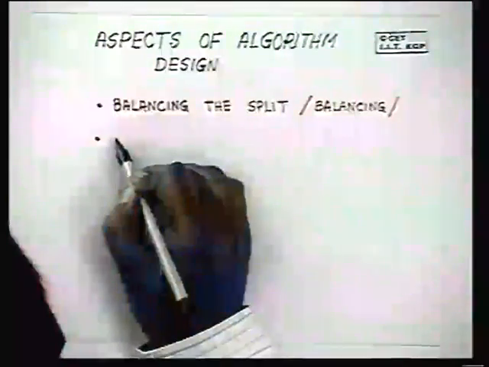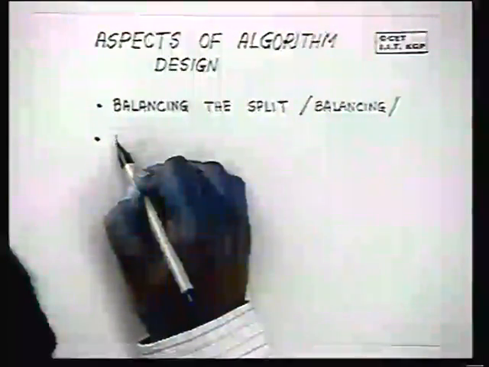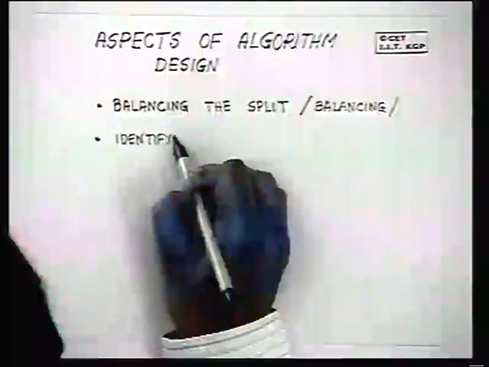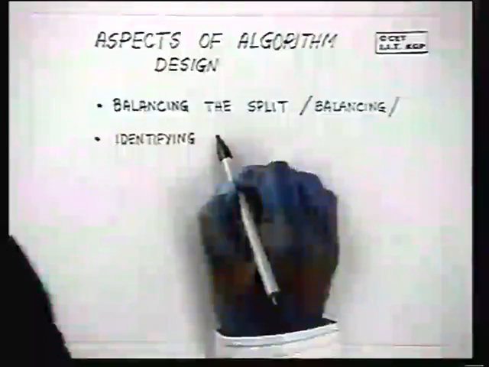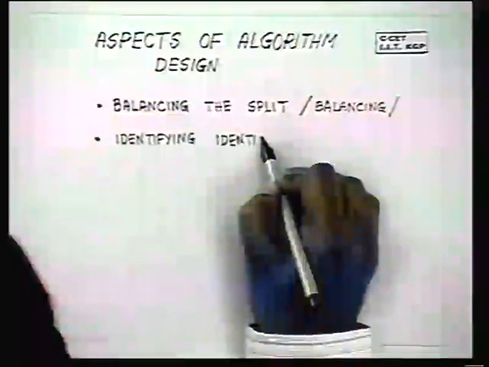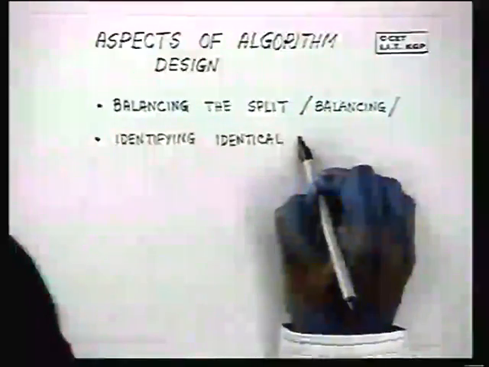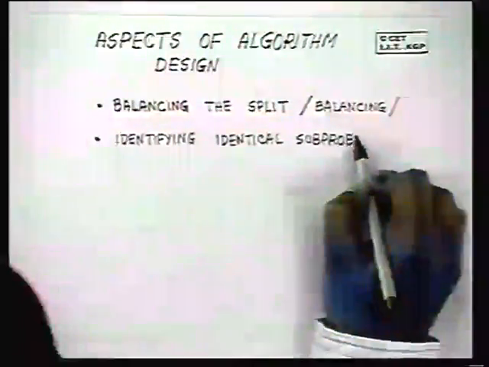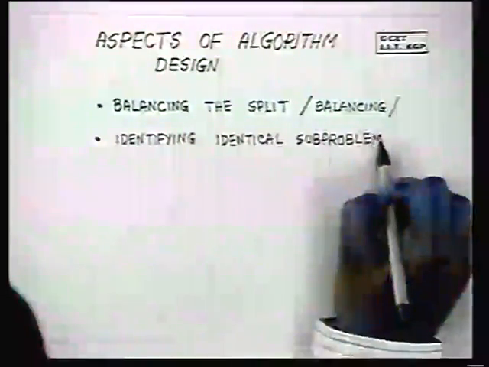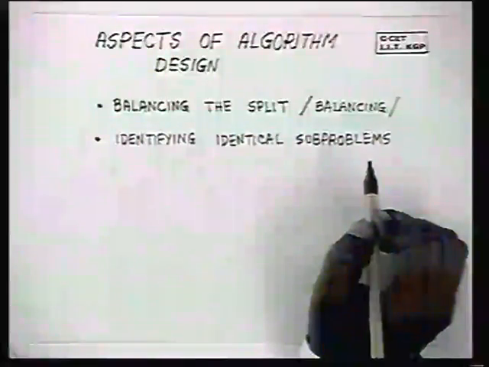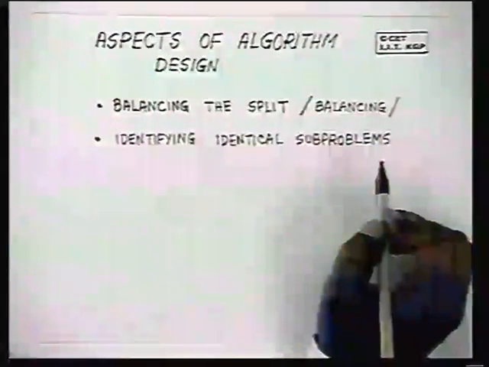The second is identifying identical subproblems. You will see that when you give a recursive solution, several subproblems will come which are identical, and you would like to solve them only once rather than solve them again and again.